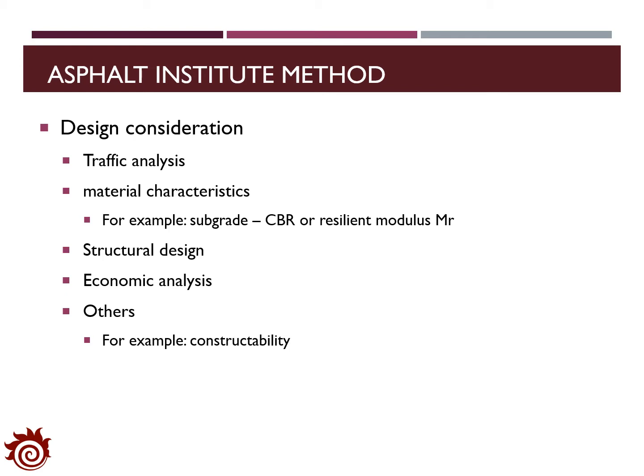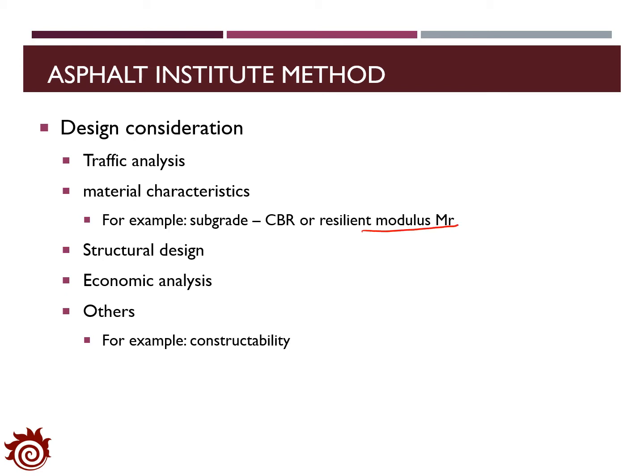First of all, we need to go through the factors we have to consider in the design. Definitely we need to consider the traffic load applied to the pavement, and then we have to do the test about the material properties. For example, for the subgrade, we need to find out CBR or resilient modulus.